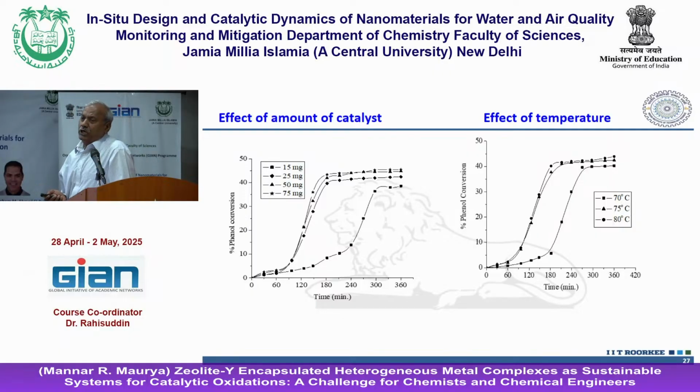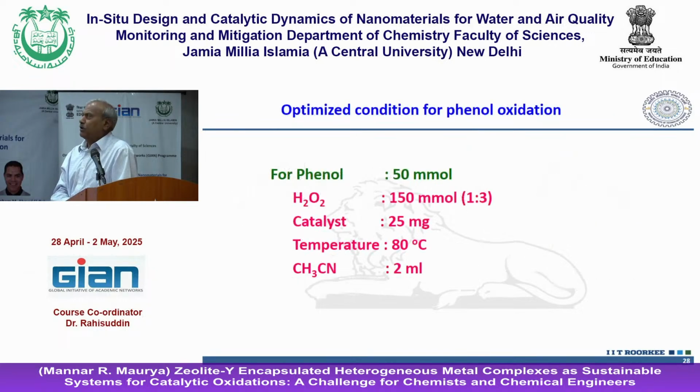When you look at all these things and combine them into the optimization condition, this is the one for the phenol oxidation for 50 millimole. 50 millimole is too much, but we started with that. And H2O2 you require almost a 1:3 ratio, catalyst 25 milligram, temperature 80 degrees. Minimum solvent is required to do this reaction.